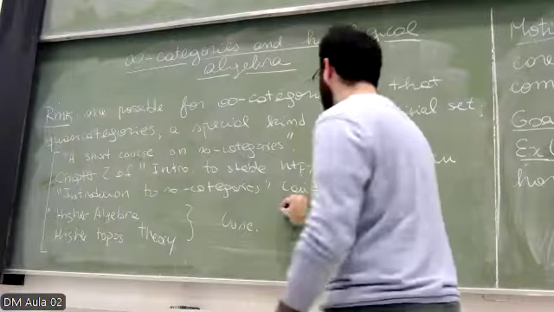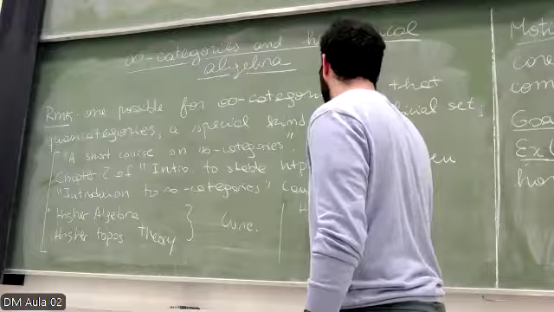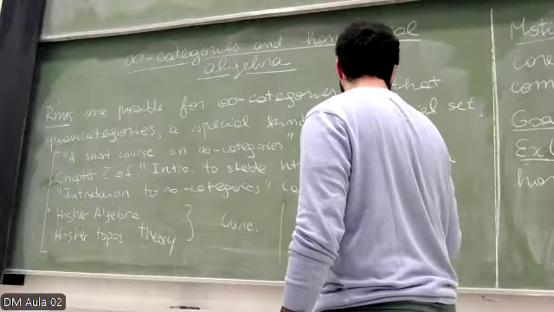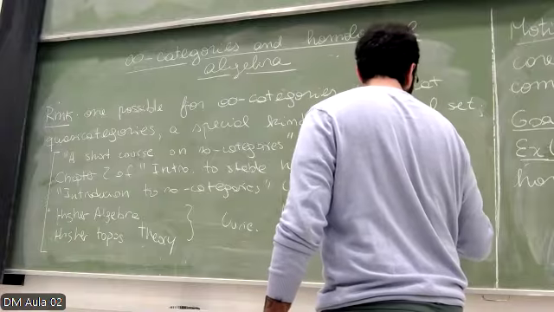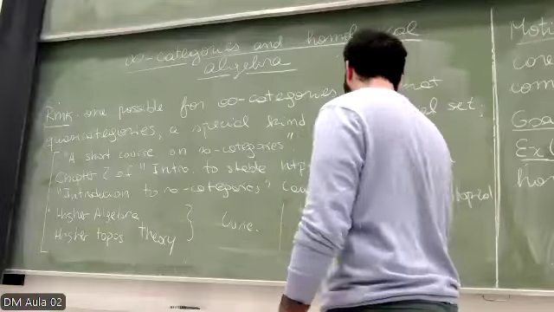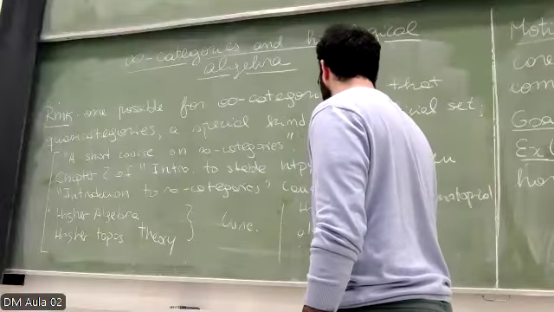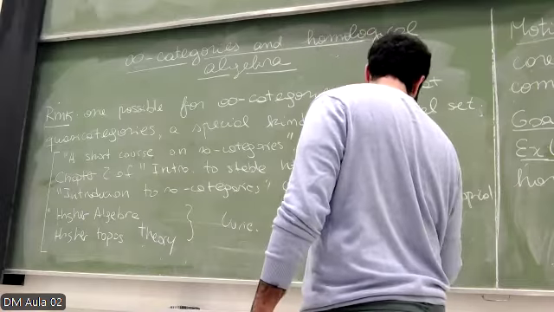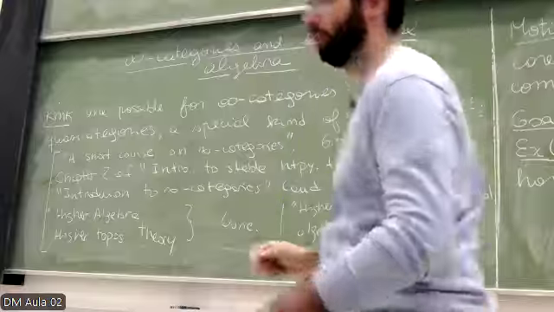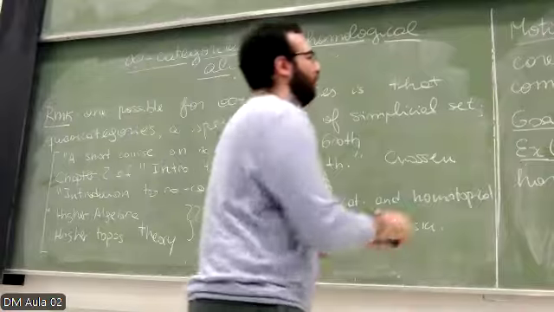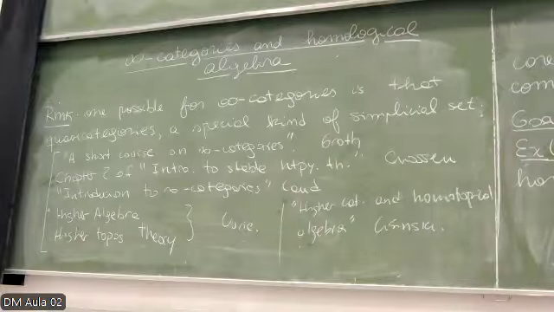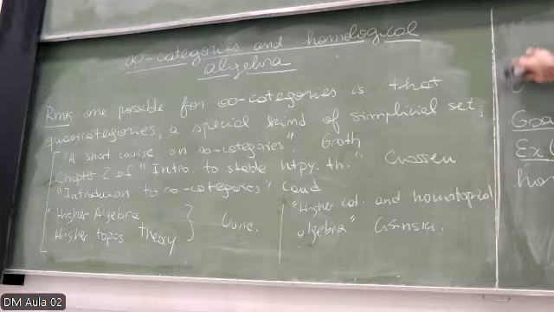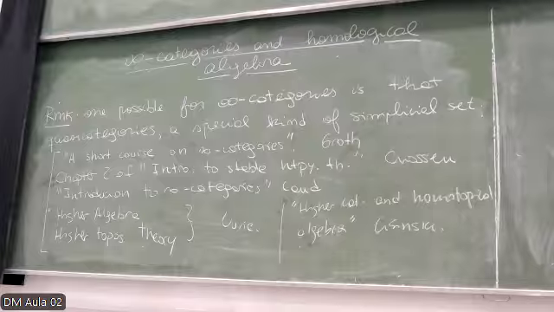And then also, let me just write it here, Higher Categories and Homotopical Algebra by Szynski. Okay, so these are the references. You can look at a more precise definition there. You can also contact me if you want me to make precise any of the things that I will say today.